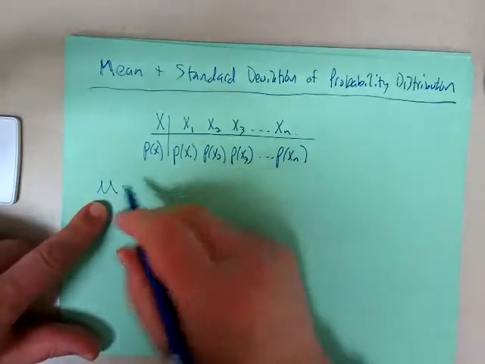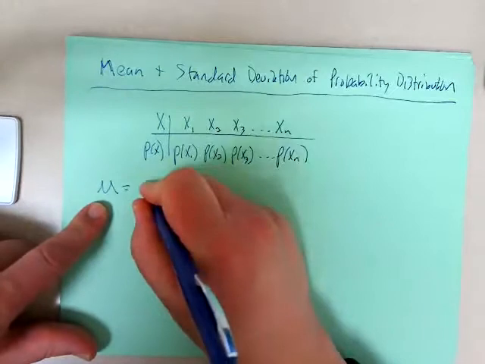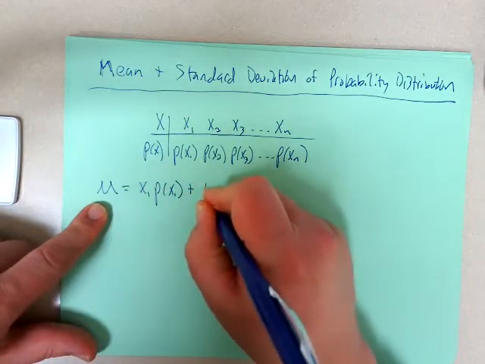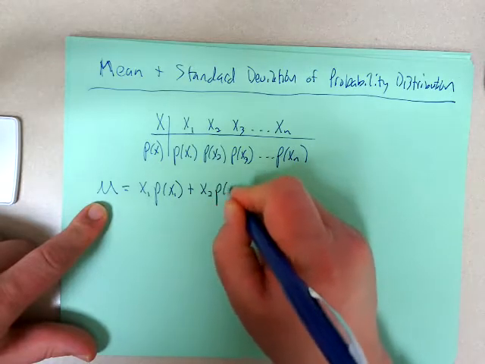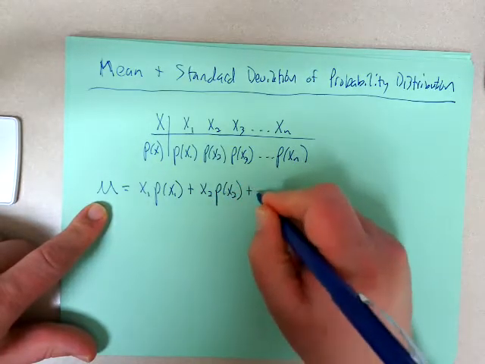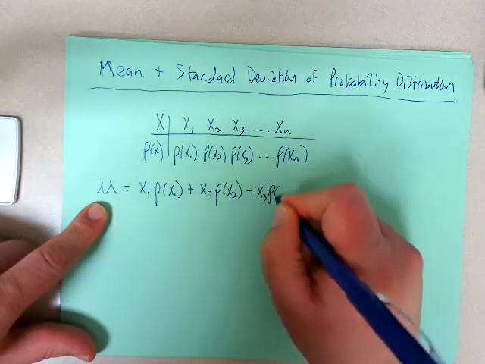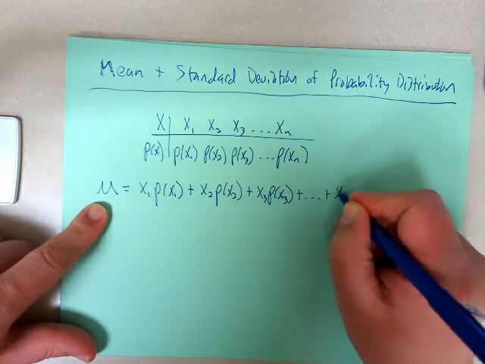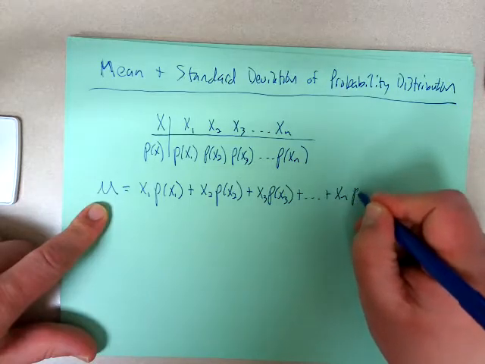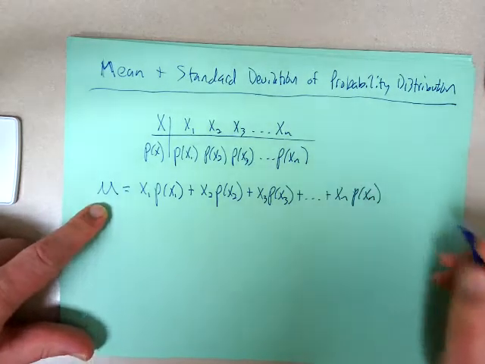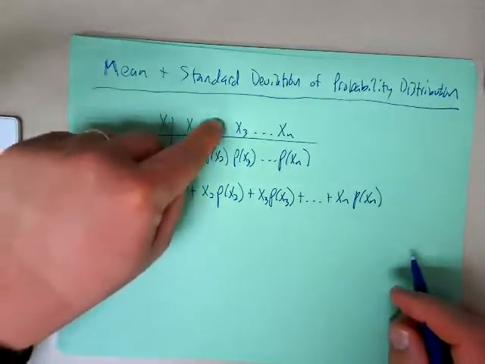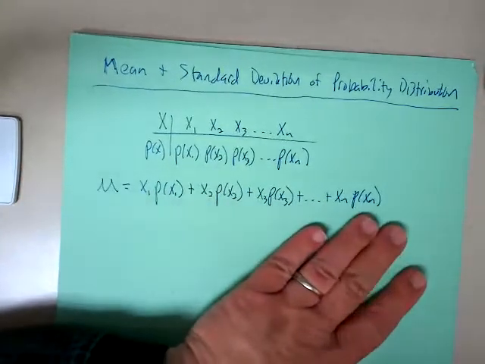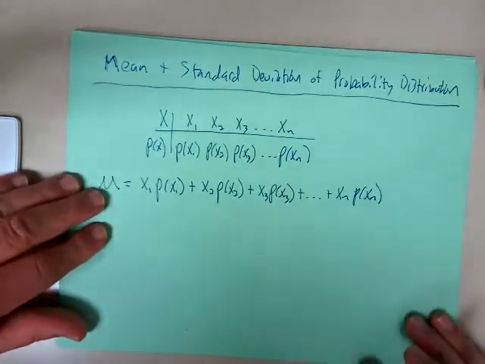All you do to find the mean is take each value times its probability, and then you add those together till you get to the last one. So you're just taking each value times its probability, adding those together, and you get the mean of the random variable.